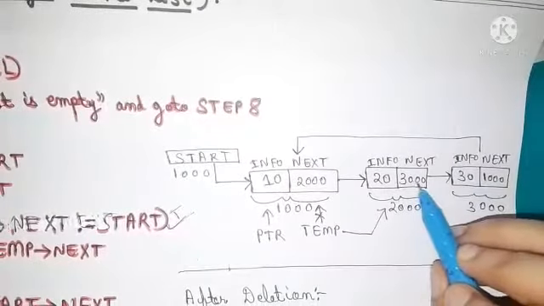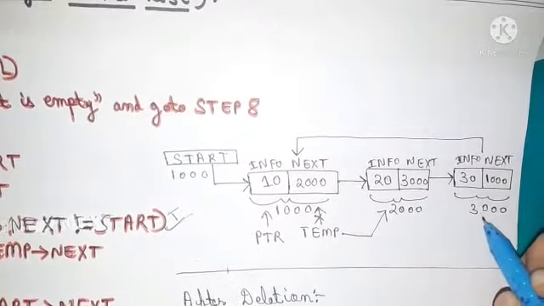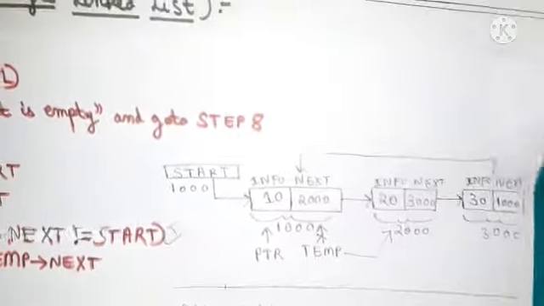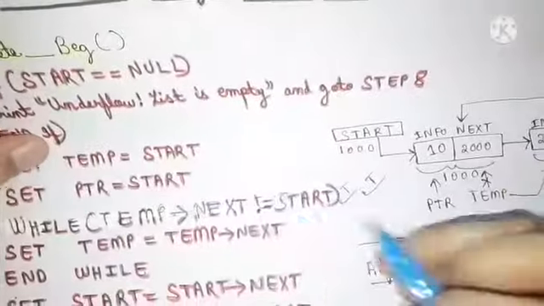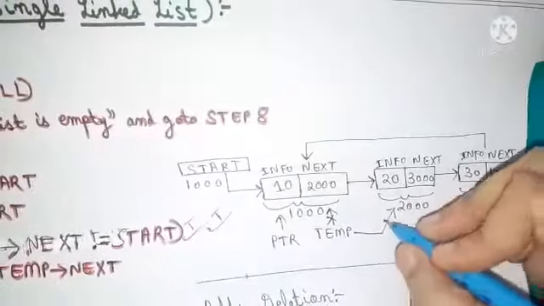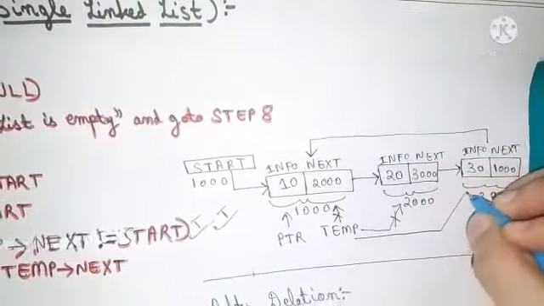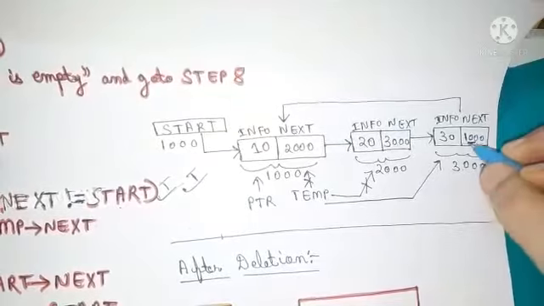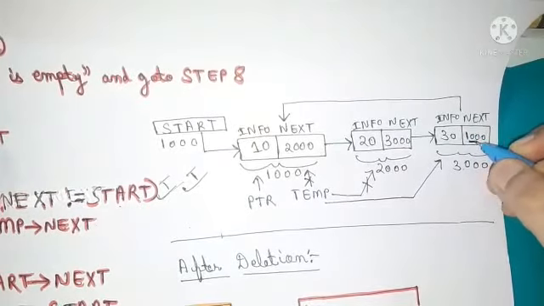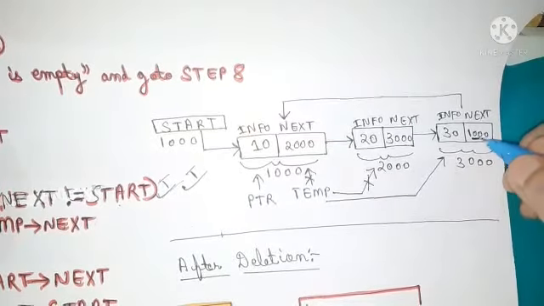Okay, then again it will check, that is the next part is pointing to the node whose address is 3000. So this condition again becomes true and this statement will be executed and temp will again move to the next node. Okay, then here it will check. Here the next part now contains the address of our first node, that is the starting node.